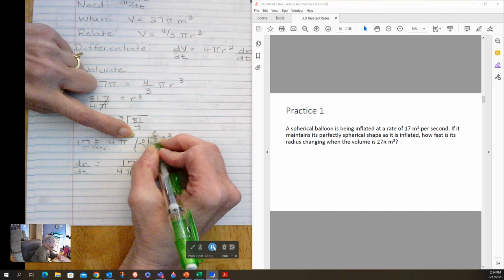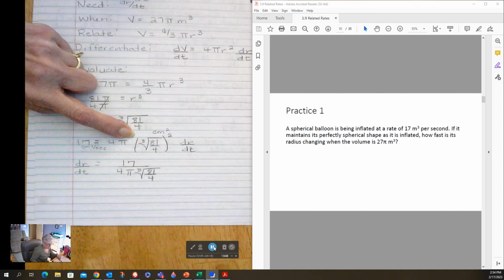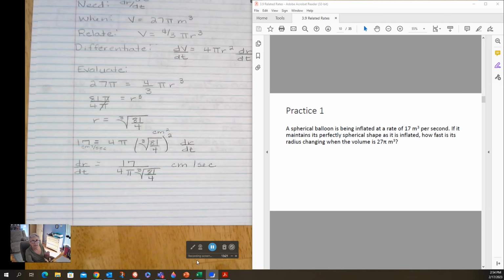This is centimeters squared, so I end up with exactly the units I want, which is centimeters per second. And I can plug all that into my calculator and get a decimal answer.